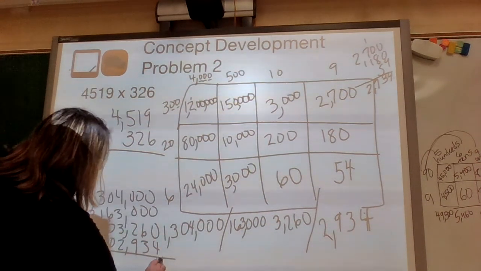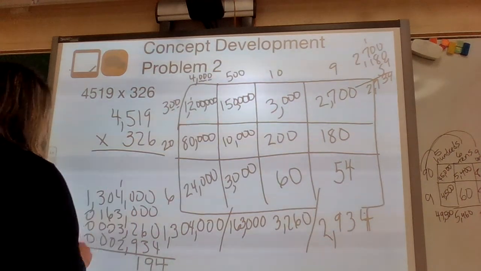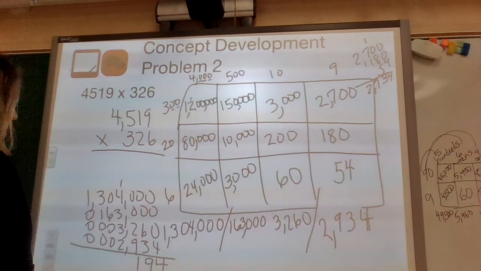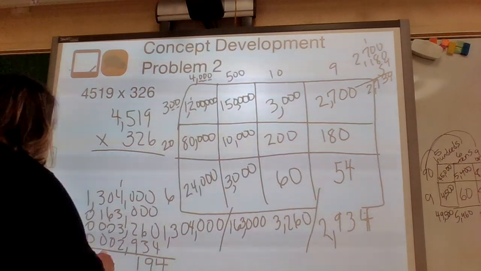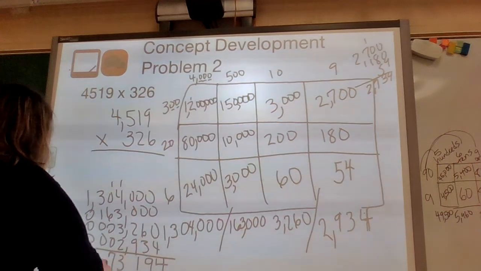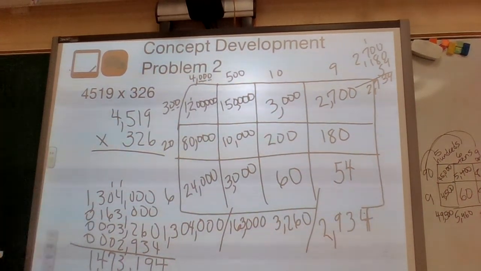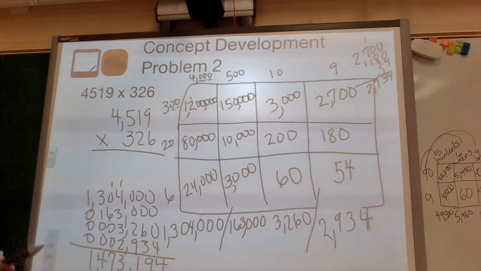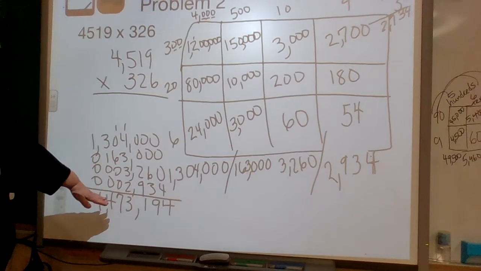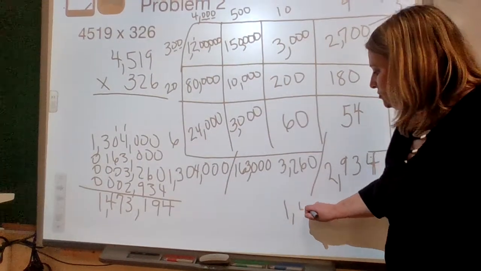I have 4 here, 9 here, 11. Then I have 4 plus 1 is 5, 6, 7, 8, 9, 10, 11, 12, 13. And then I have 7, 4, 1. So I have 1,473,194. See, hope you guys see that. I'm going to put my final product right here.